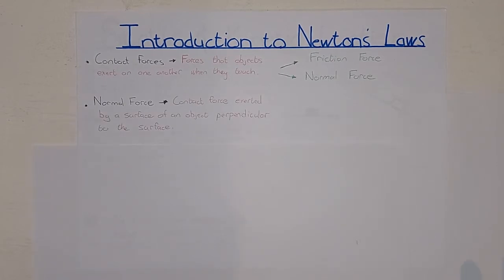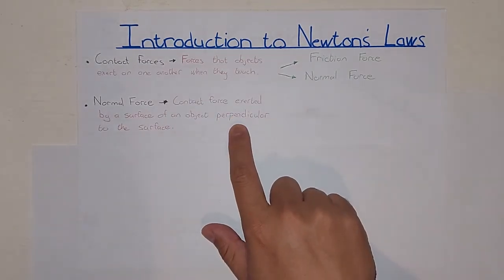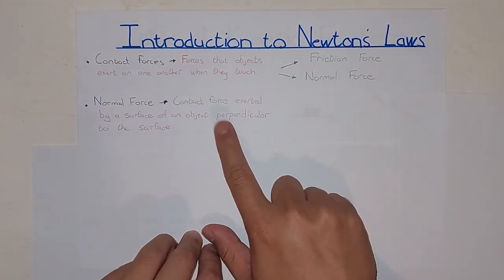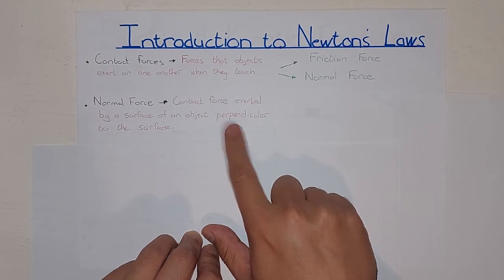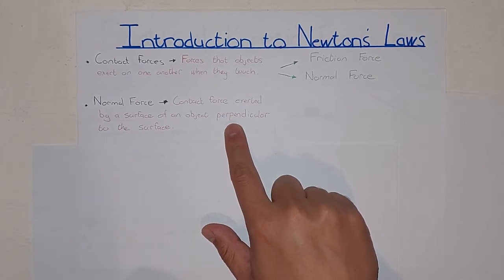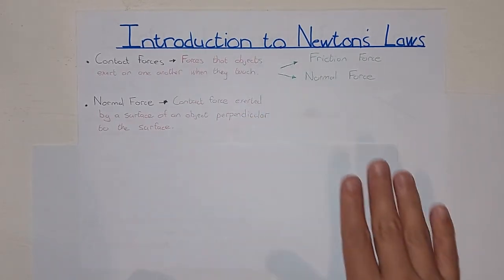So looking at a normal force. Now, the normal force is also, as we know already, a contact force exerted by a surface on an object perpendicular to the surface. And that perpendicular is very important because this forms a big section, especially when we are dealing with something on an incline, when we have to start dealing with angles.